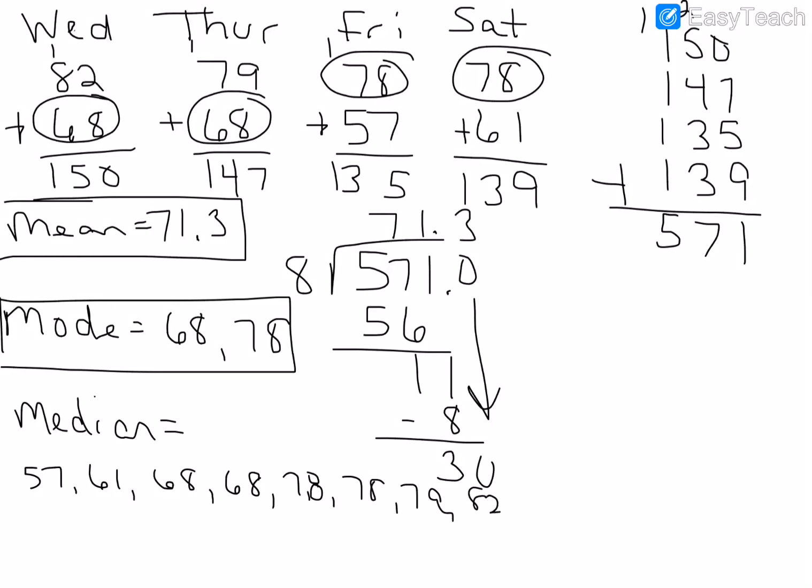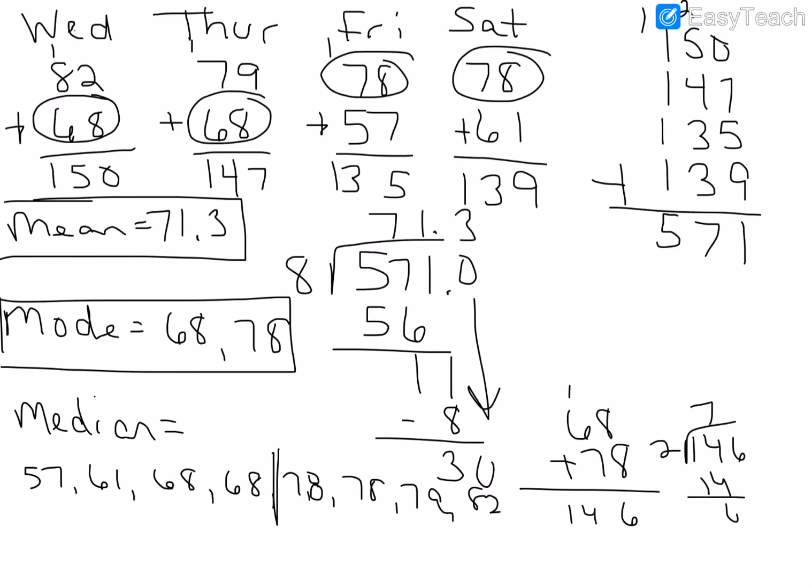I have 8. So it's going to be right here in the middle again. So 68 and 78, I have to take the average. Add them and divide by 2. All right, my median is 73 degrees.